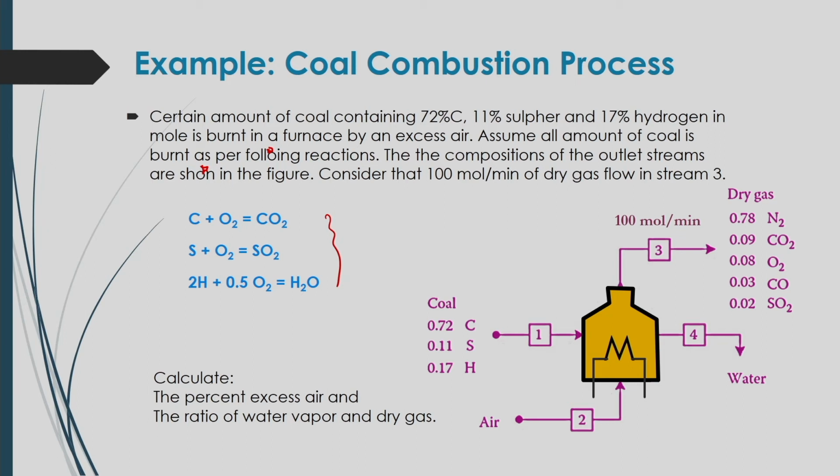In this way, with the combustion reaction, if you consider 100 mole per minute of dry gas flowing in stream 3, based on that you have to calculate the percentage excess air required, and also the ratio of water vapor to dry gas in this particular process.